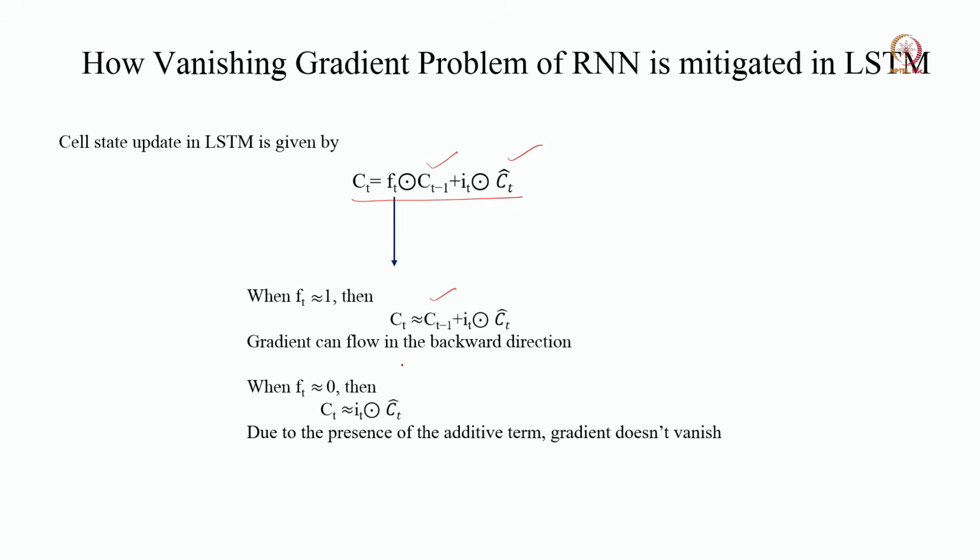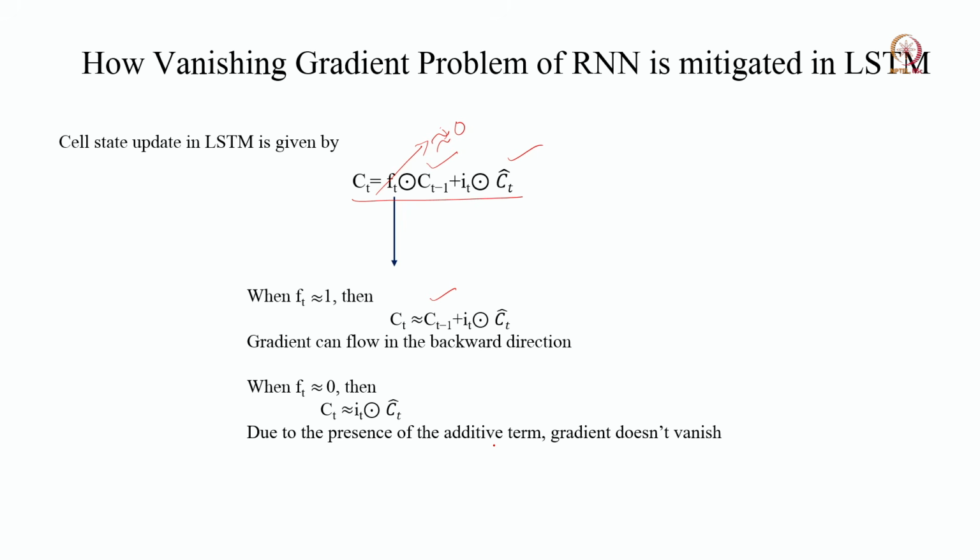But when Ft is equal to 0 or almost near 0, then this term becomes very low, almost equal to 0. So this creates a problem in gradient flow. But here, in Ct, together with this multiplicative term, there is an additive term which is It into Ct hat.